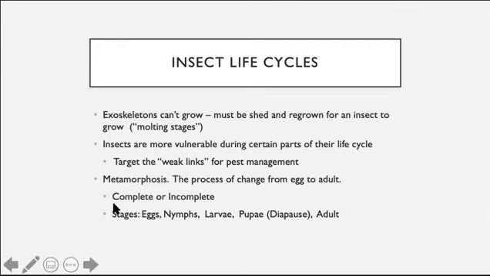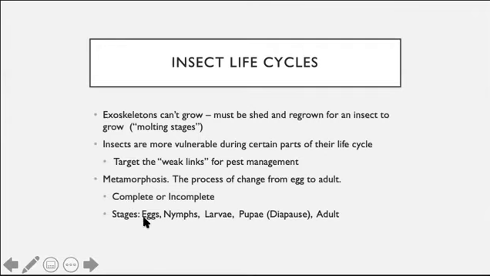They may either go through a complete metamorphosis, where their body morphology changes very dramatically, or they can go through what's called incomplete metamorphosis, where they have these immature nymph stages that look very similar to the adults, and they're just molting each time and getting a little bit bigger.